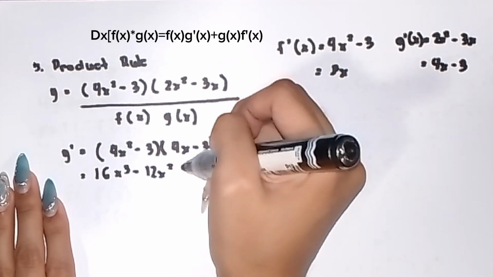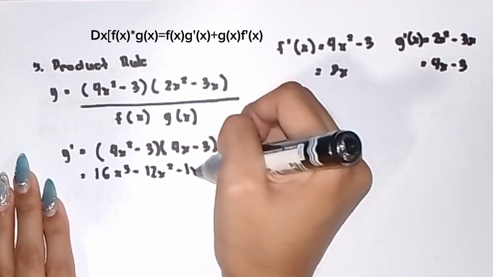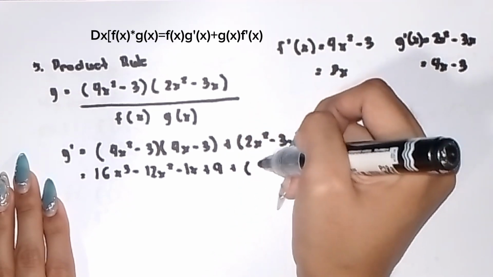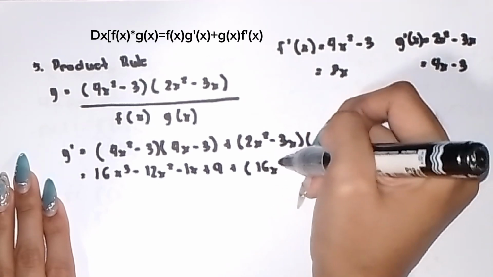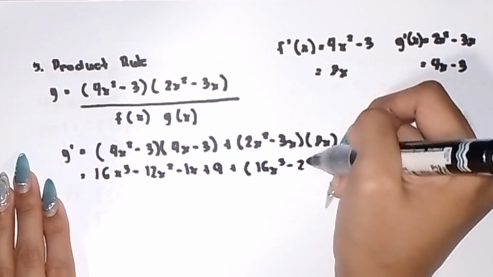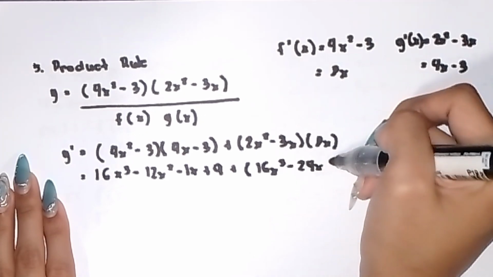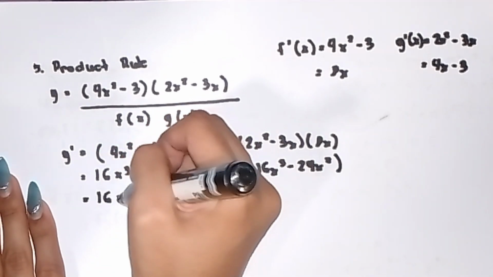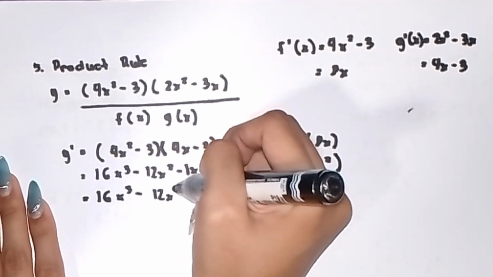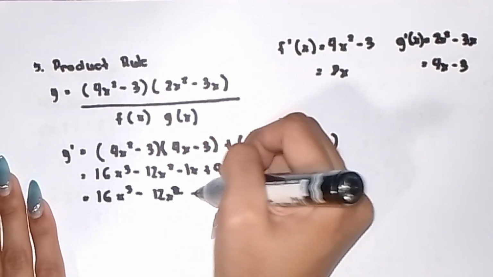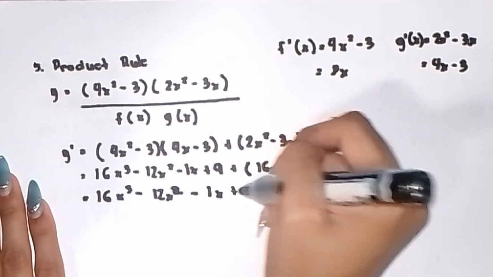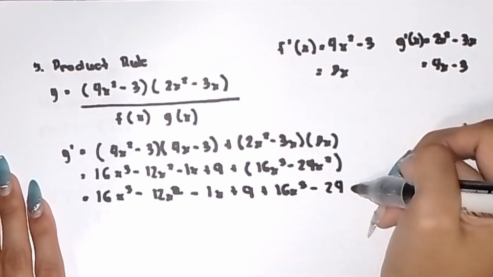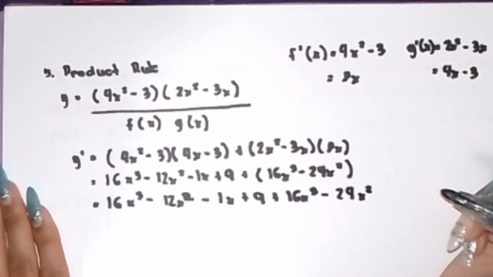Negative 3 times 4x is equal to negative 12x, and negative 3 times negative 3 is equal to positive 9. 2x squared times 8x is equal to 16x cubed, and negative 3x times 8x is equal to negative 24x squared.